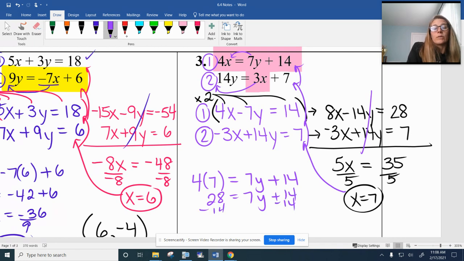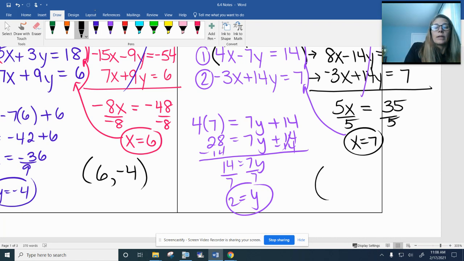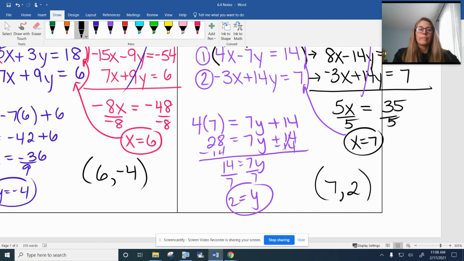Subtracting the 14 so we can get the y by itself, and then finally dividing by that 7, y equals 2. My final answer as an ordered pair would be 7, 2.